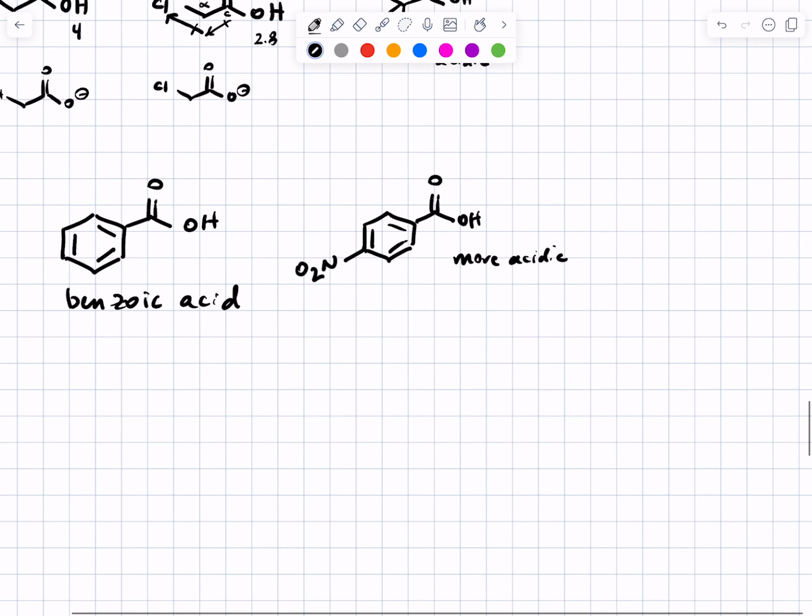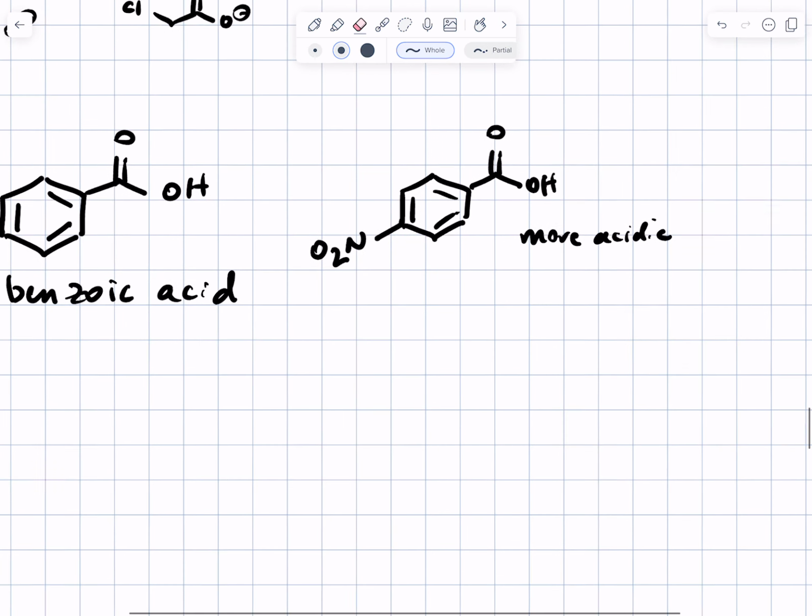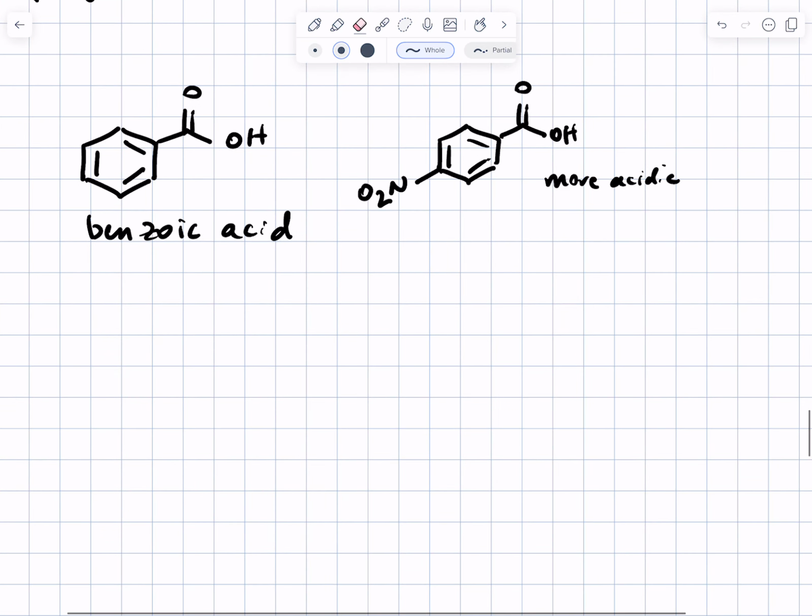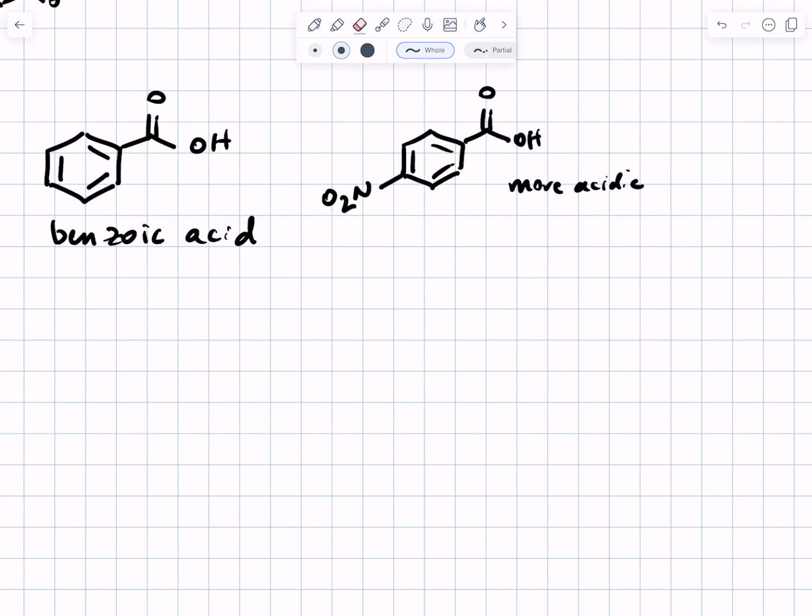In contrast, putting, well, maybe we'll just leave it there at that point. The nitro group makes the benzoic acid more acidic than just regular benzoic acid for reasons that we can talk about. It's actually easiest if we draw the conjugate base of nitrobenzoic acid.